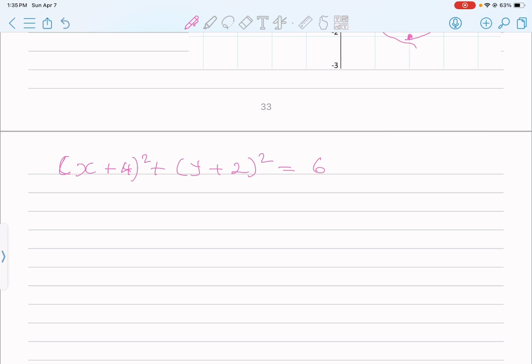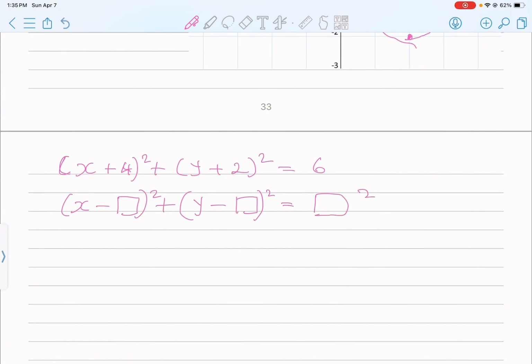So the h and k is... Where's the cheat code? Cheat code. See, that's good. (x - box)^2 + (y - box)^2 = box^2.